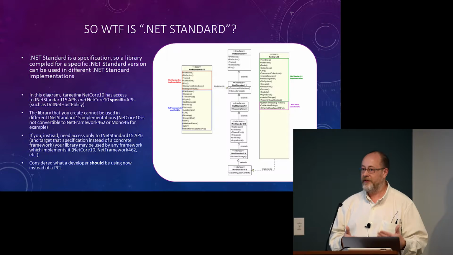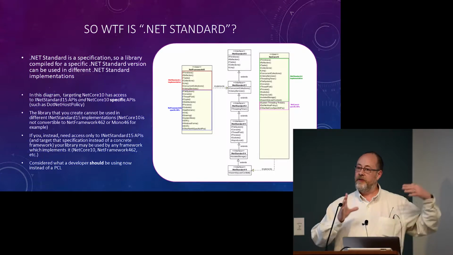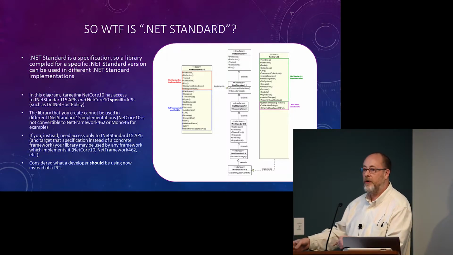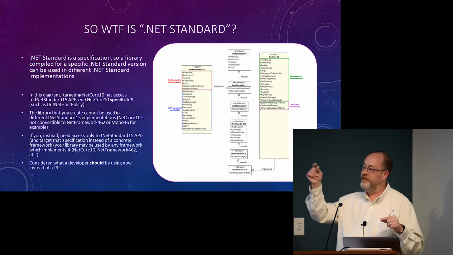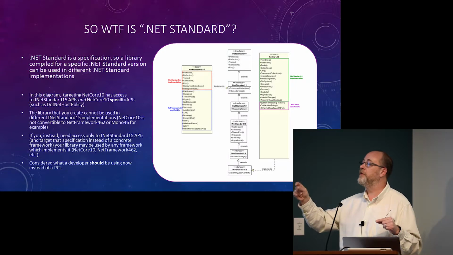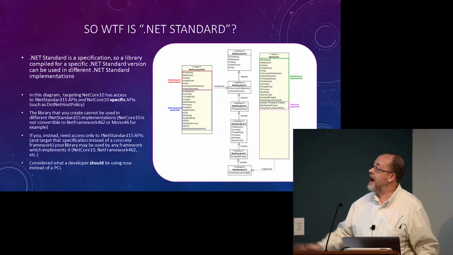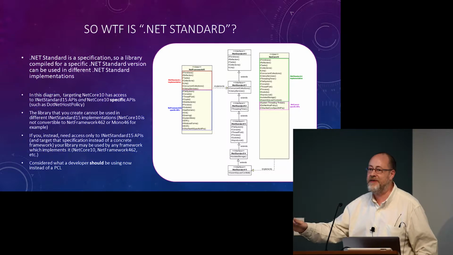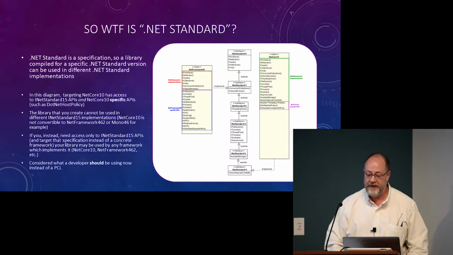It just defines all those. So if you target that, the idea is that things in the regular .NET framework, Classic, or .NET Core can choose to take those interfaces in .NET Standard and do their own implementations of it. I know y'all can't read that up here, which is too bad, because that's a really good diagram, because it does really spell it out.